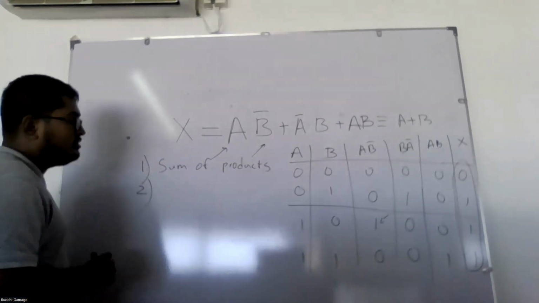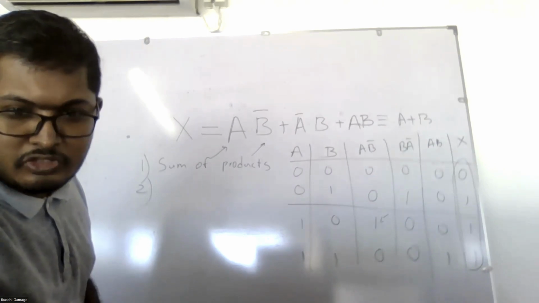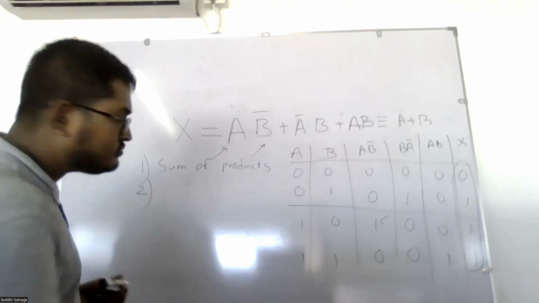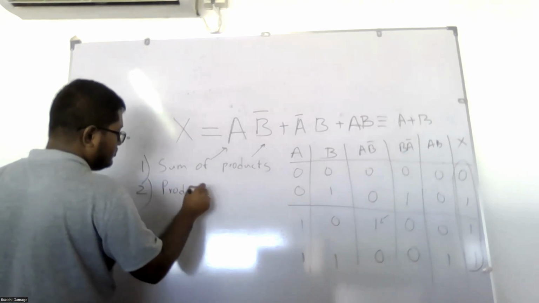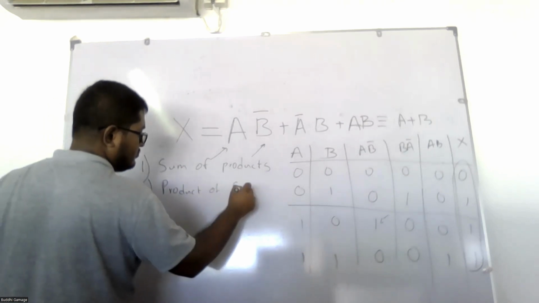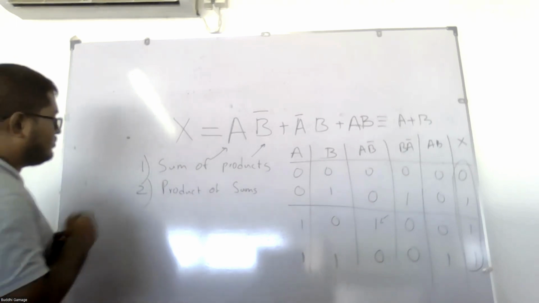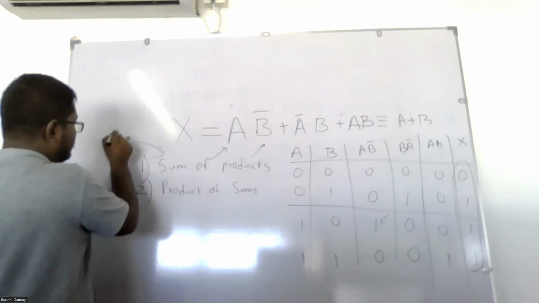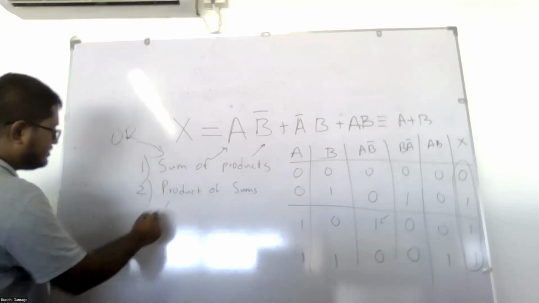The second one is product of sums. So what is the sum? Sum means OR gate, and product is simply AND.